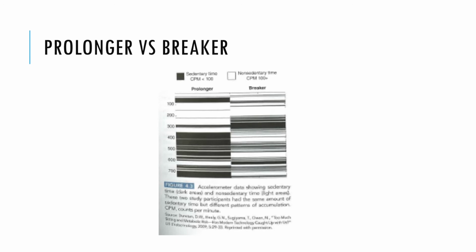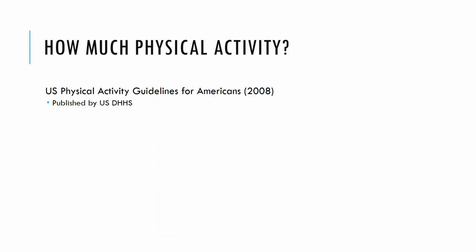Okay, and these two individuals, the prolonger and the breaker, they have the exact same total amount of sitting time. But what you see is that the prolonger sits for long periods of time, whereas the breaker gets up more frequently. Again, they sit the same total amount of time, but it's just broken up differently. Prolongers, research has shown, have much higher risk of cardiovascular disease than the breakers. So it may be important that the frequency of taking breaks can impact health.